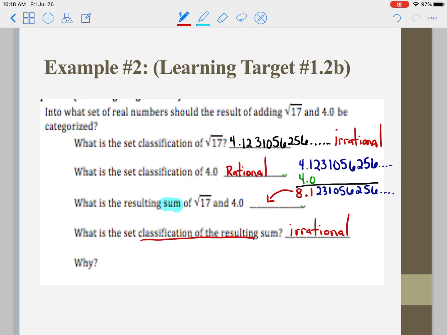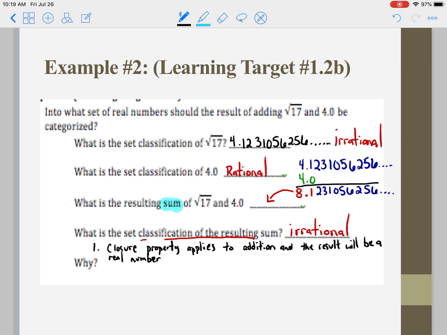Well, a couple of things as far as the why is concerned. The first is we can say that the closure property applies to addition and the result will be a real number.